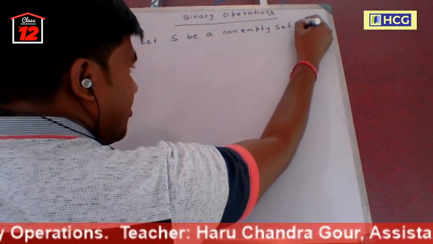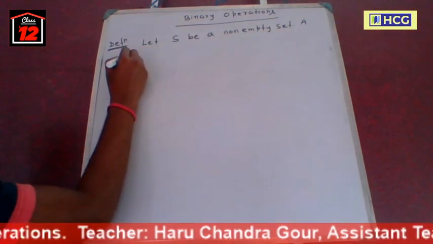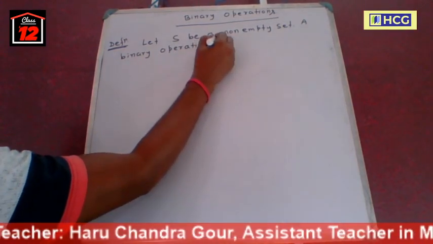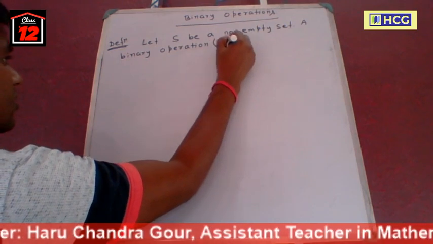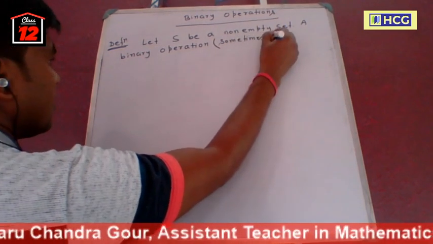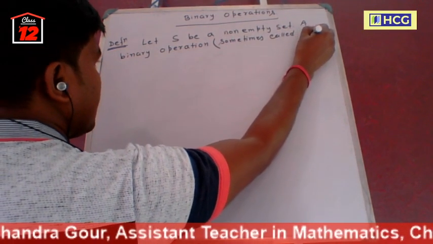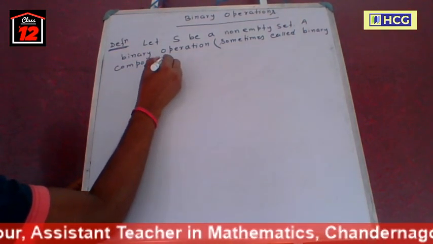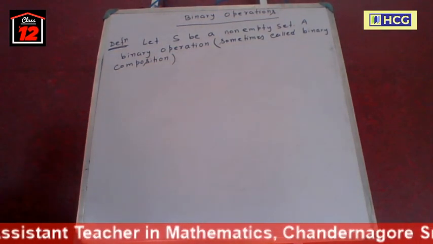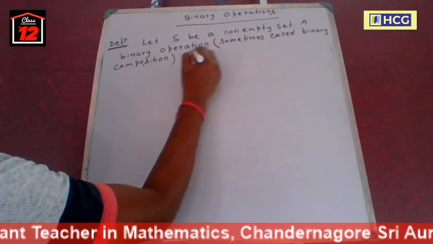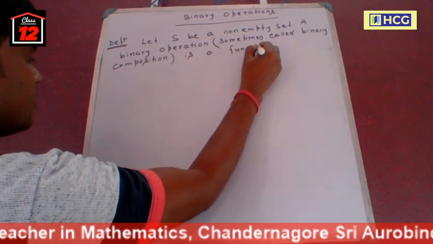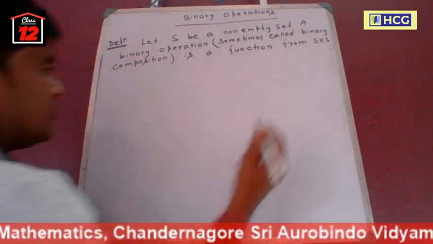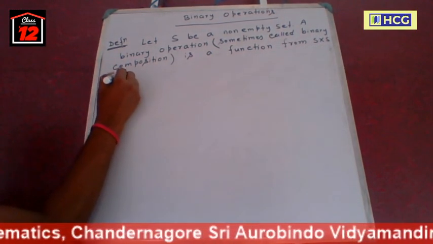A binary operation, or sometimes called binary composition, a binary operation is a function from S cross S, the Cartesian product of two sets, into S.